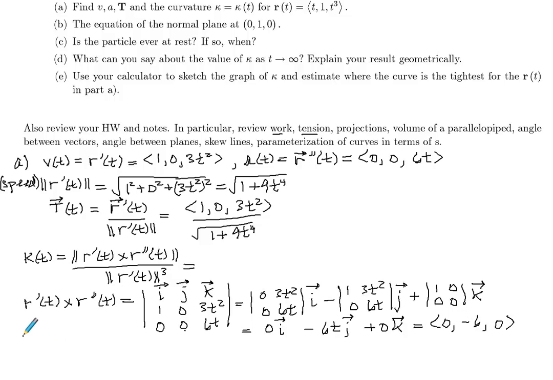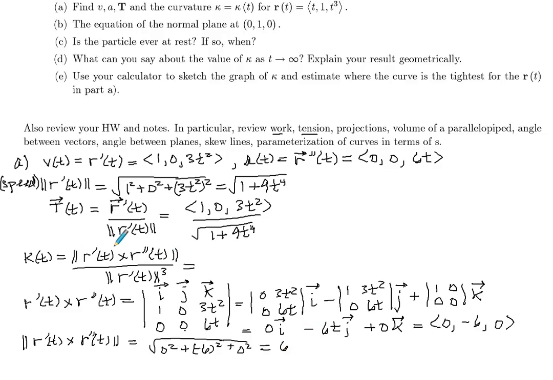Then the length of this vector is just going to be the square root of 0 squared plus negative 6 squared plus 0 squared, which is just the square root of 36, which is 6.